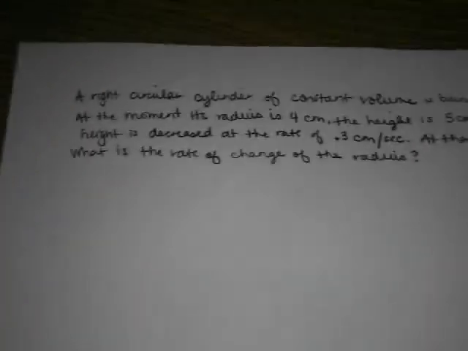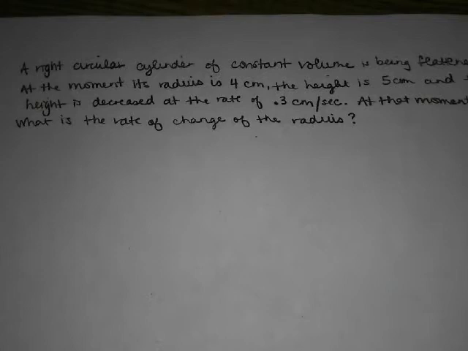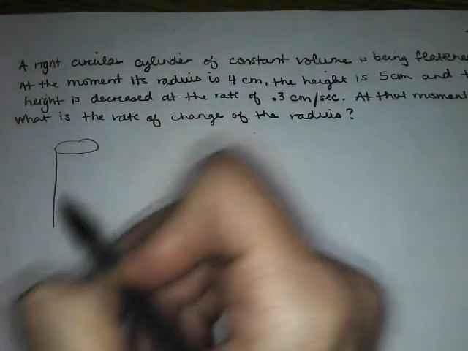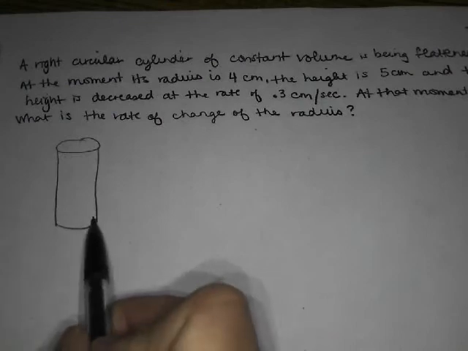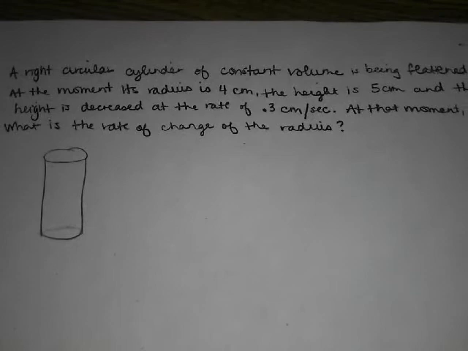A right cylinder now. So we're into a cylinder, not a cone this time. So we'll draw that. Now the cylinder is of constant volume. It's being flattened.